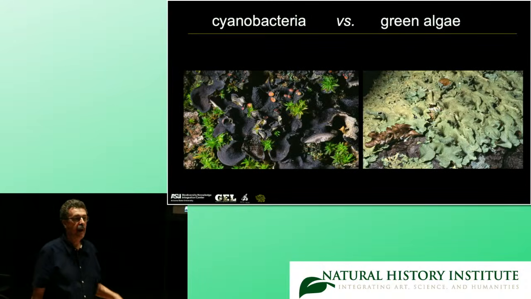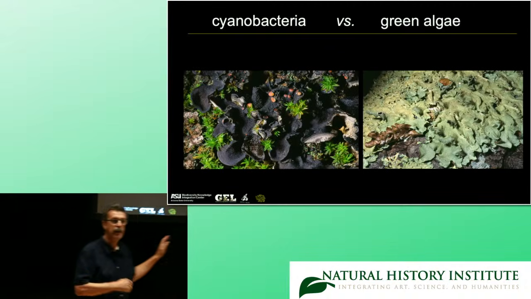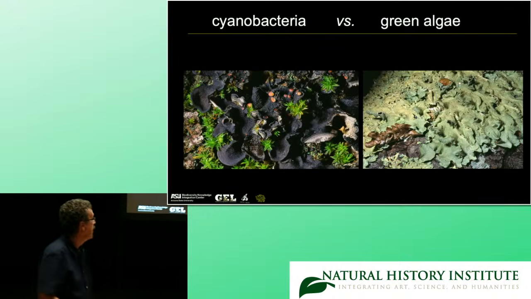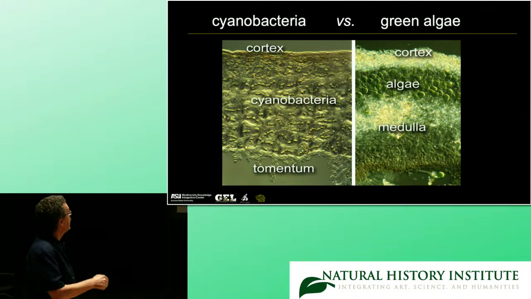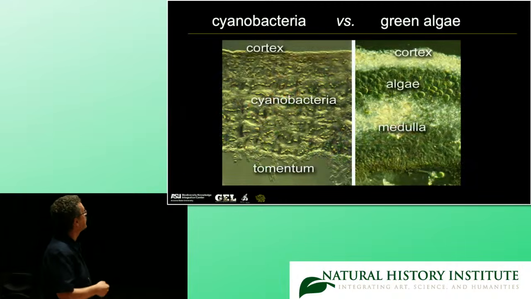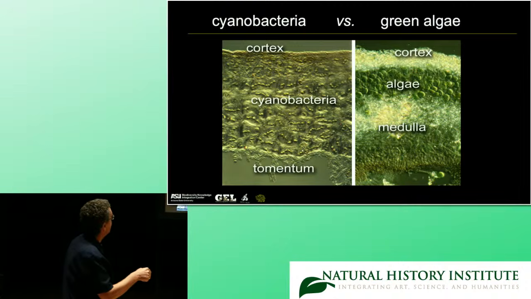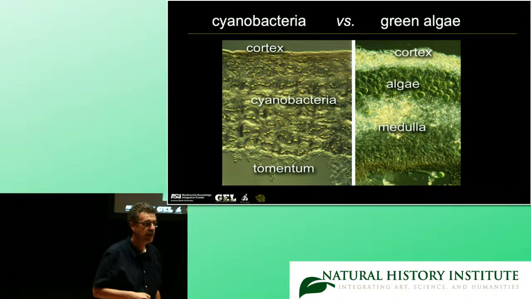And here we have two general types of lichens. You can see these black ones, and then you see all kinds of colorful other lichens. And if you cut them open, they look inside like this. These guys here, the black ones, are black because they contain cyanobacteria. And these chains of pearls are the cyanobacterium Nostoc.